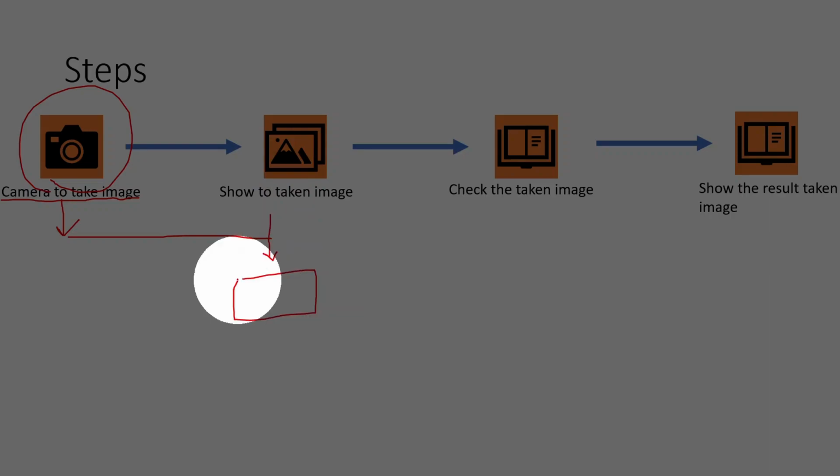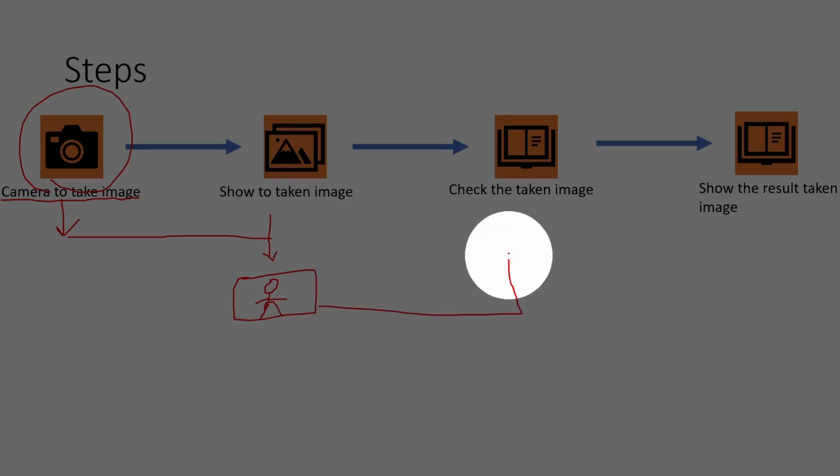Let me draw an image here of a normal stick person. Suppose this person was in front of the camera and when clicking on take image, it shows this kind of image. Okay.